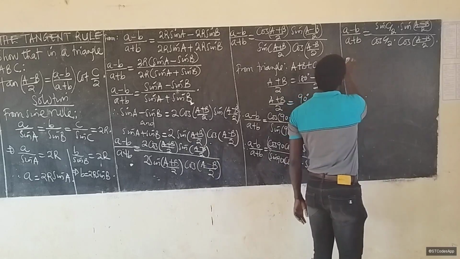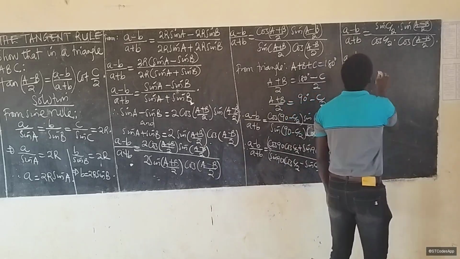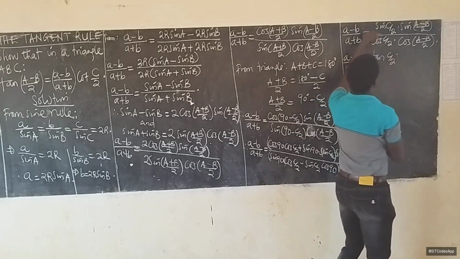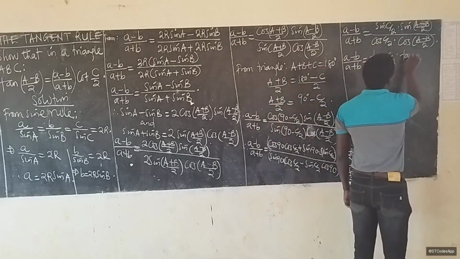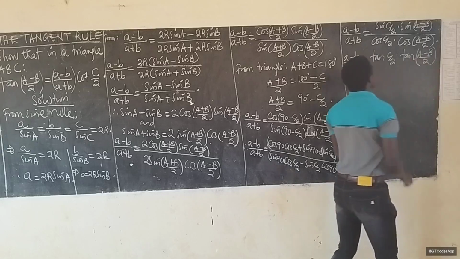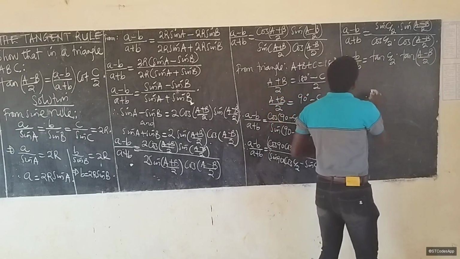So in actual sense, we shall have A minus B, A plus B becoming a tan of C out of 2. This one gives us a tan of C out of 2, and then we shall have also a tan of (A minus B) out of 2. So in this case, I am going to divide both sides by tan of C out of 2.